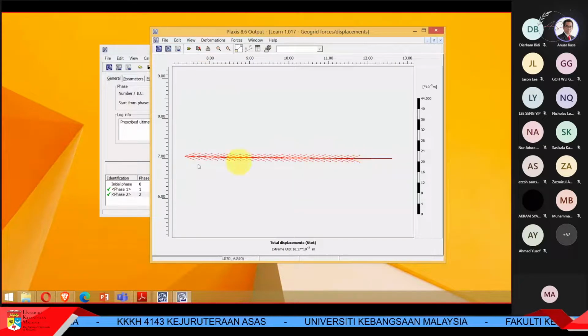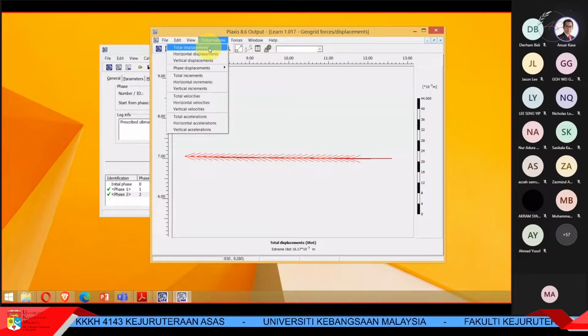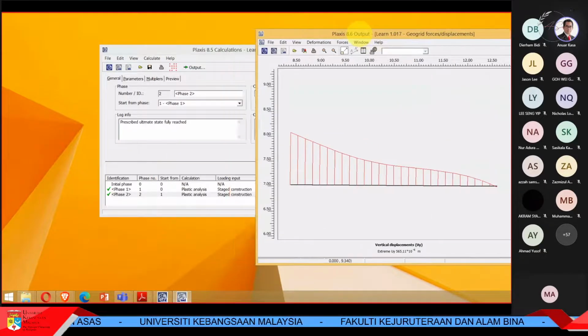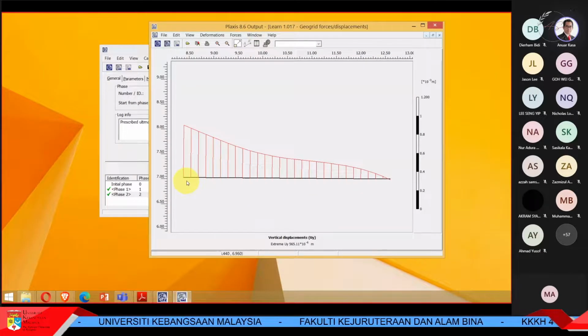Yeah, this one displays the horizontal, vertical displacement. Okay, that geogrid is displaced about 8 millimeter on this side, and this one is 0.